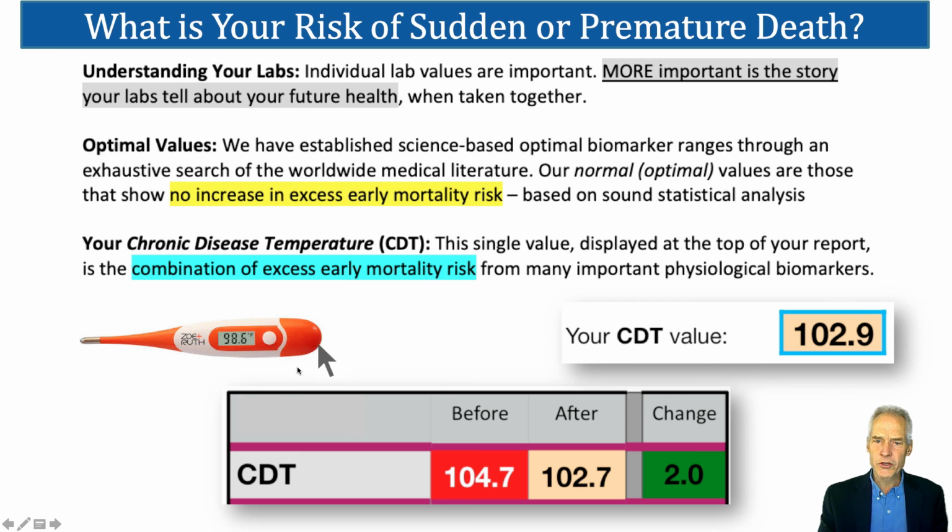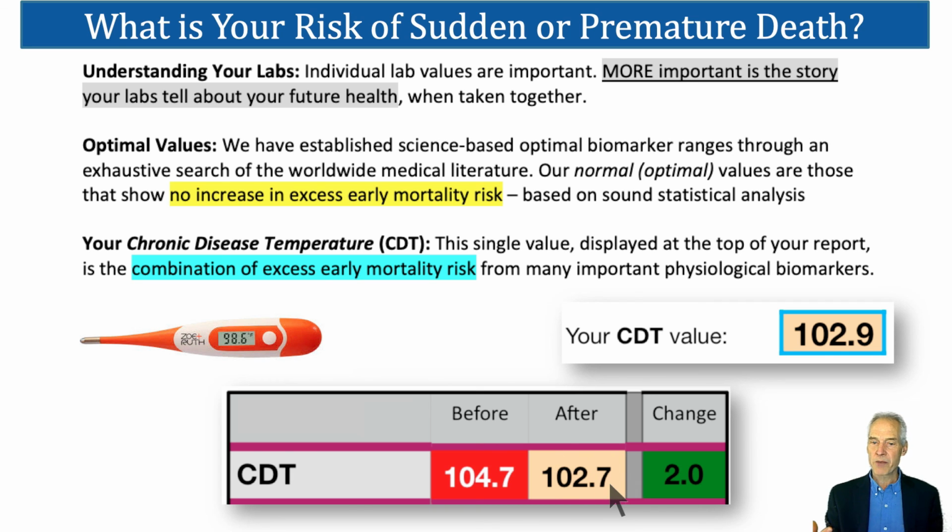So what we also do is, if you measure before and after, in this case a different person, we measure them at 104.7, very high risk, and 9 months later with some very simple interventions, we were able to lower any number of physiological markers of the 20 that constitute the chronic disease temperature, and we were able to lower that temperature to 102.7.